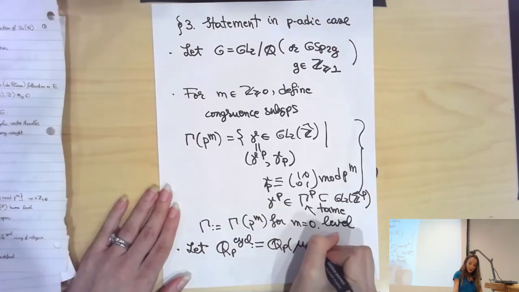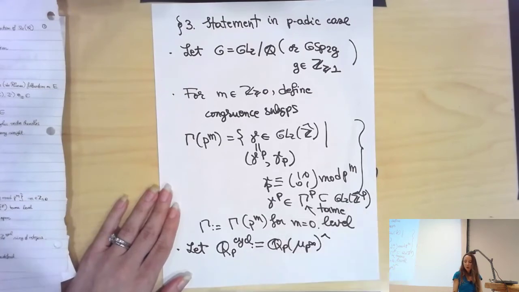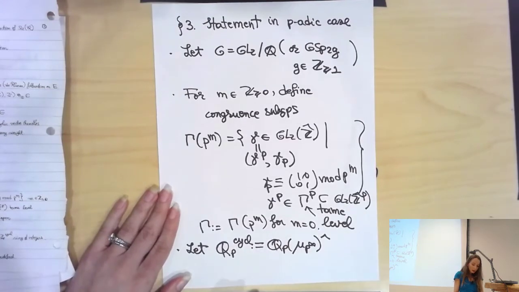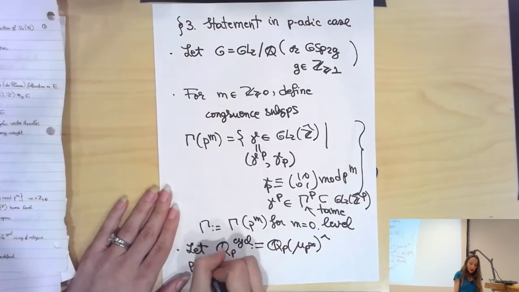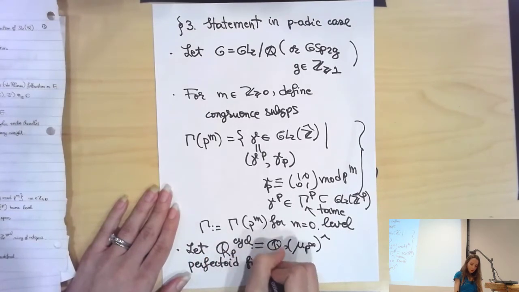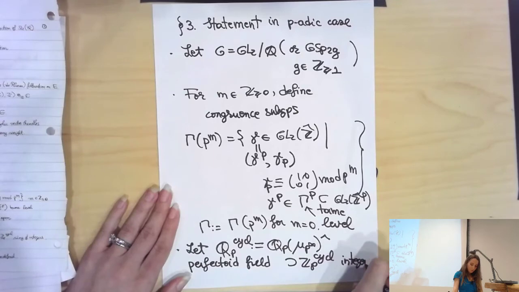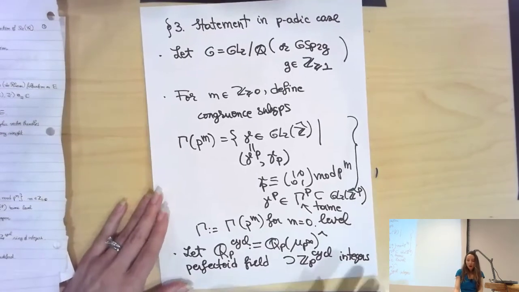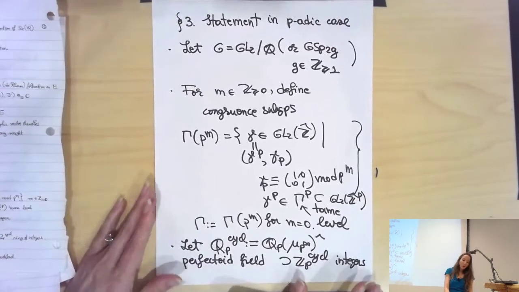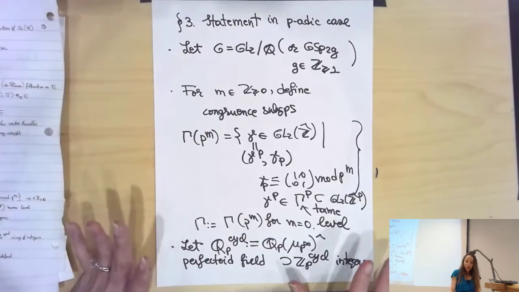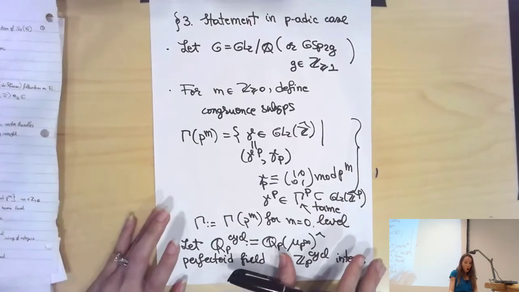So you take all p-power roots of unity, you adjoin them to Q_p, and then you p-adically complete. And this has a ring of integers, Z_p cyclotomic. Okay, all right, so we've talked about level and what field we're going to work over.